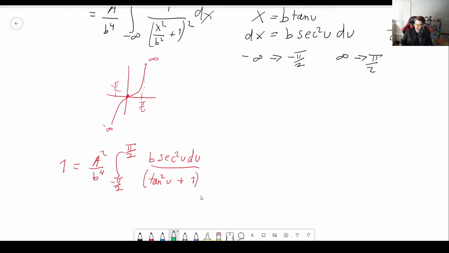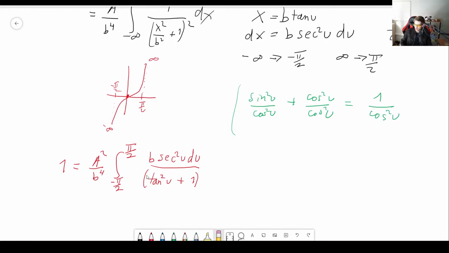Okay, and what is tangent squared of u plus 1? Well, let's do it here, just a quick comment. Tangent is sine over cosine, all of this squared, of course, and we are adding 1. So let's take a common denominator. We are adding cosine squared over cosine squared. So the sine squared plus cosine squared is 1, over cosine squared of u.